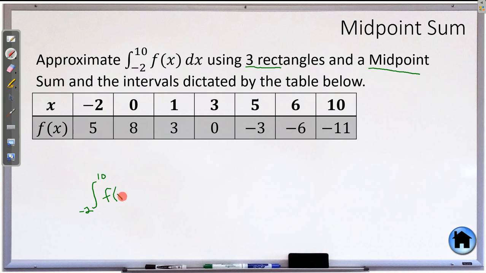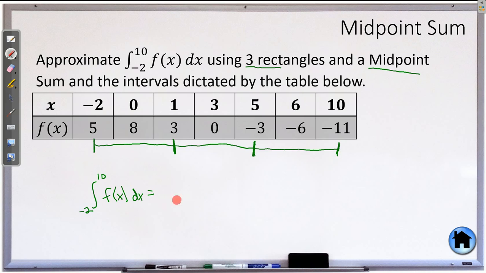All right, and so here we just have to do with what we've got. We can't actually do these rectangles the way we want to. We have to do the way we're told. So if I'm going to go from -2 to 10 and divide that into 3 rectangles, one is going to go from here to here, then from here to here, and then from here to here. That gives me 3 rectangles.